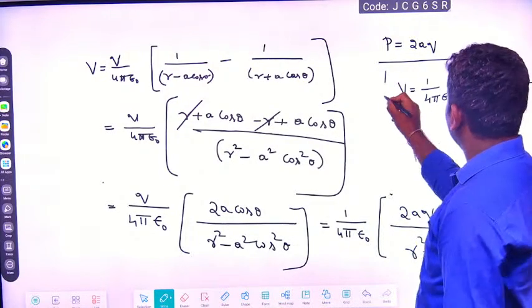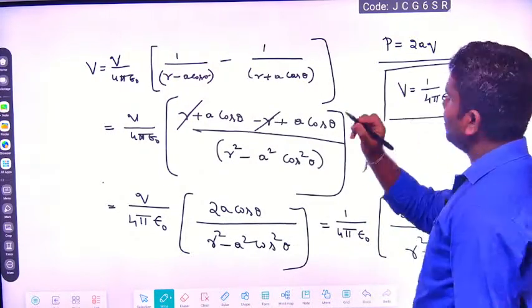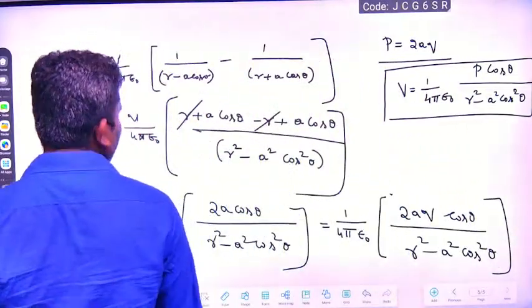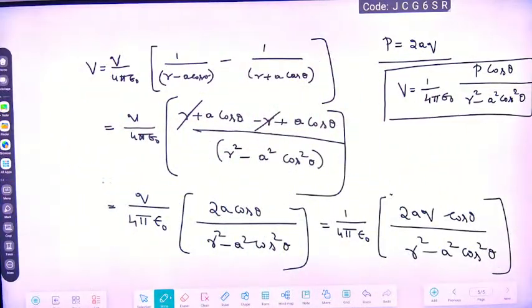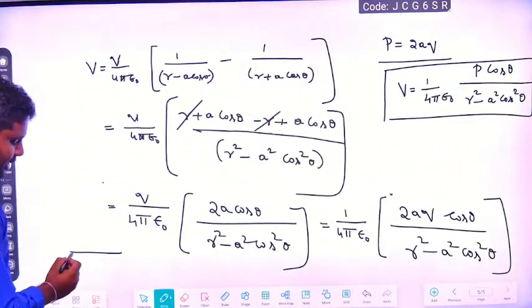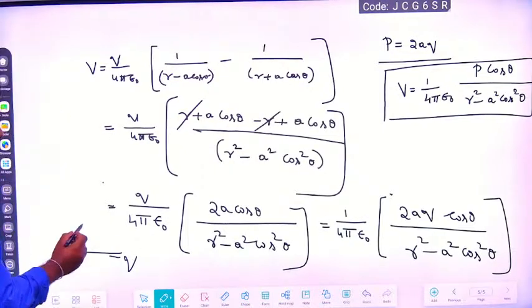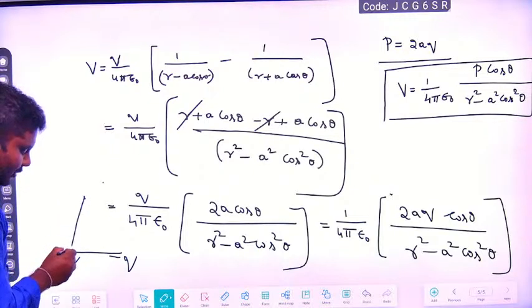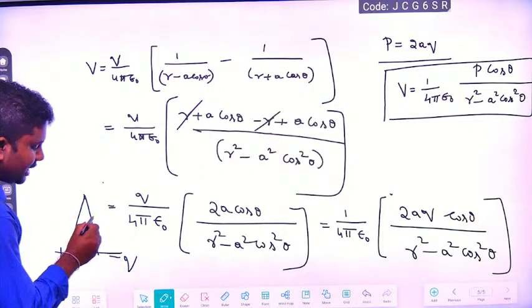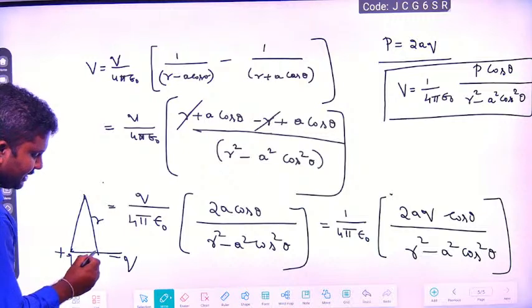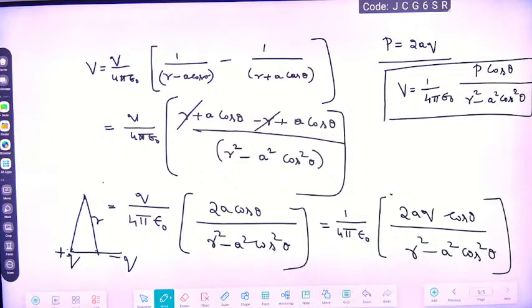This is the total potential at any general point. And actually, if you take any dipole, the point is very far from the center of the dipole, which is R, but the distance from the center to the charge is very, very less.